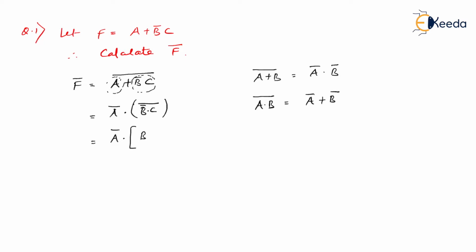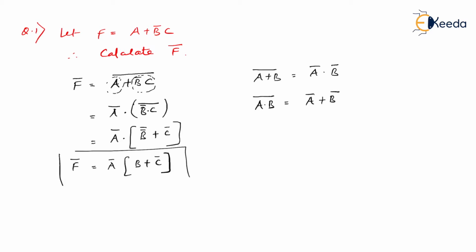Then I can write b bar bar plus c bar. You know the fact that a double complement always cancels. So now I can write f complement equal to a bar, and in the bracket b double bar becomes b, plus c bar.